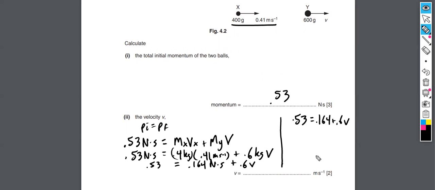I dropped all the units because I know that everything's going to cancel out to give me the correct units of velocity. All my units agree here, since I converted into kilograms. Subtracting 0.164 from both sides, we get 0.366 equals 0.6 v, and then last step, divide each side by 0.6. We calculate that velocity as 0.61 meters per second.